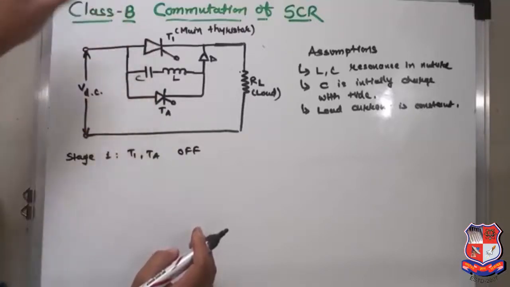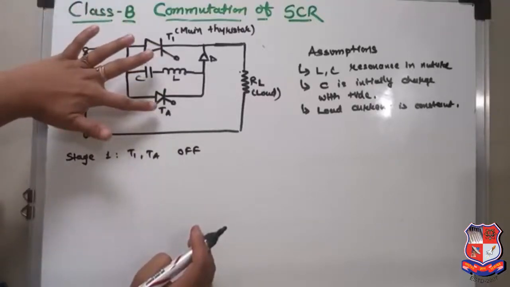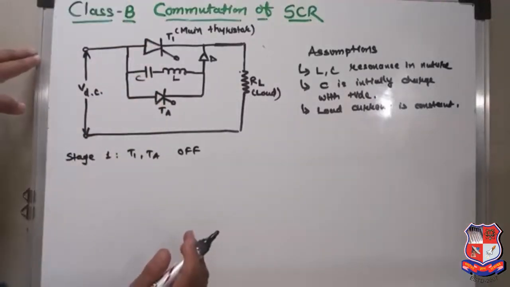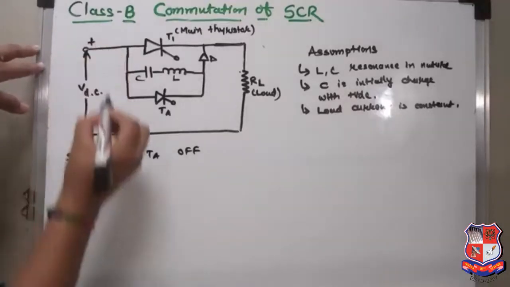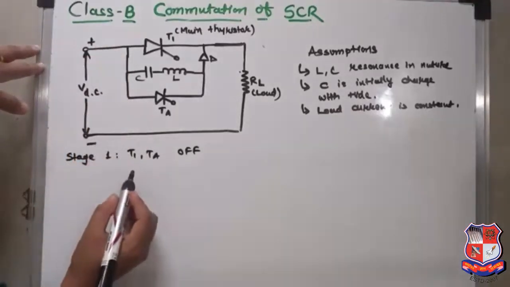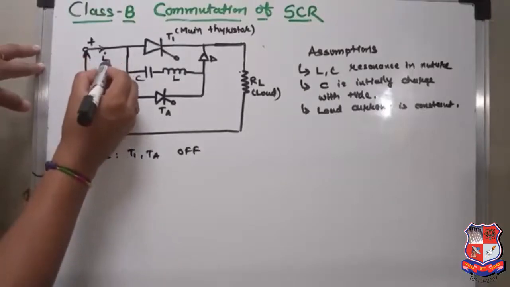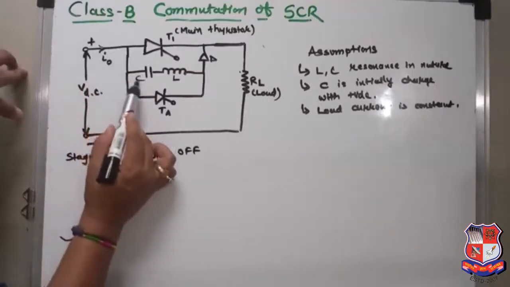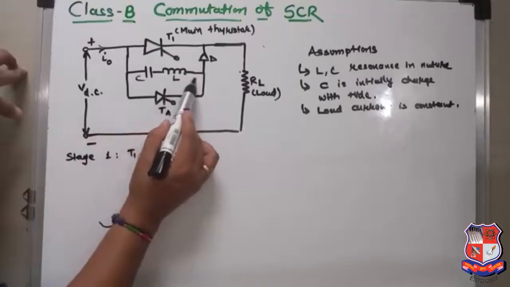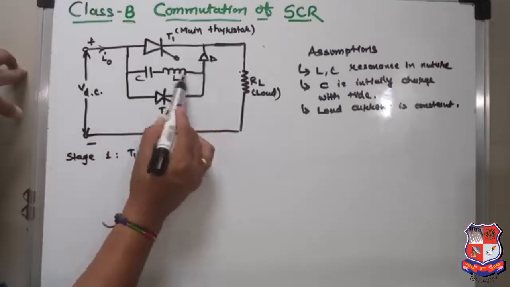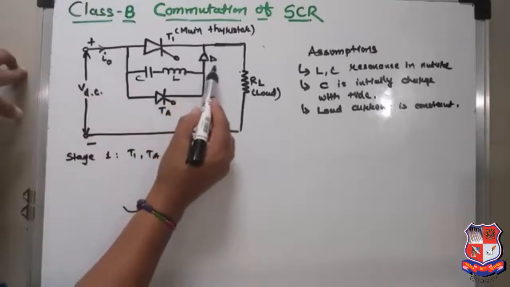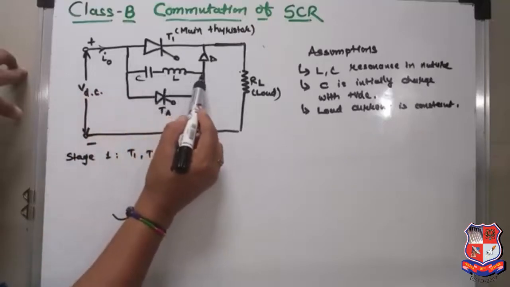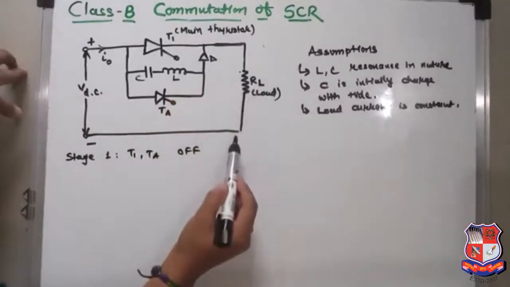When T1 and TA are off, both act as an open circuit. So current flows, if I say the current is I0, from the positive through the capacitor, through inductor L, through the diode. As the diode anode is getting positive, the diode is forward biased. So current flows from the positive through the capacitor, inductor, diode, RL, to the negative.